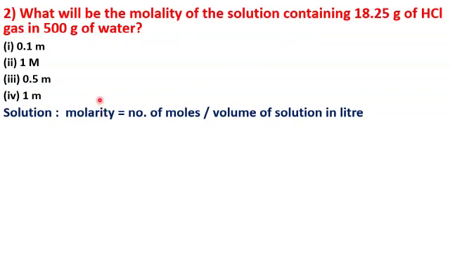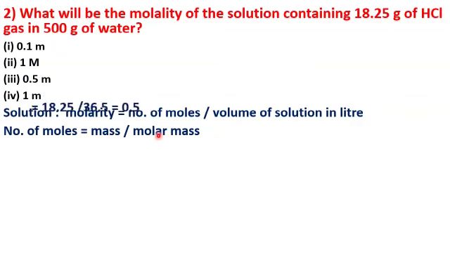Solution. So you know that molarity is equal to number of moles of the solute divided by volume of the solution in liter. So here you have to calculate two things, number of moles and volume of the solution in liter.